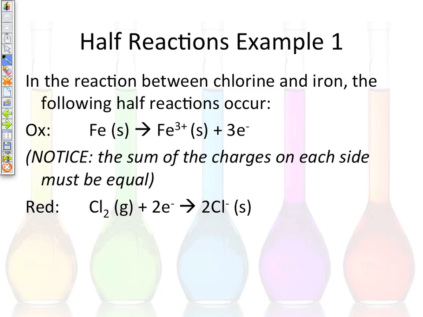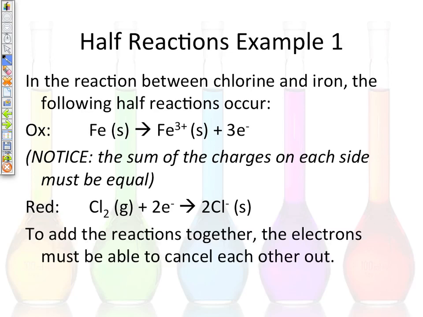I'm going to get these 2 added together in such a way that I get a final equation. I'm just not given the target equation this time. I determine the target equation. One of the things to be able to do that, though, is that when I add them together, I need the electrons to be able to cancel each other out.